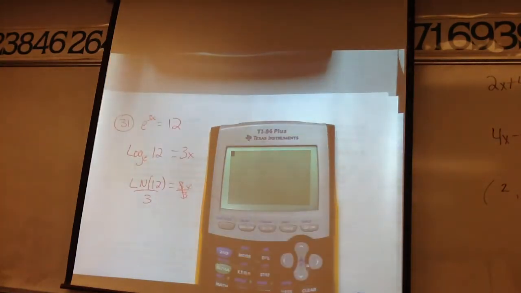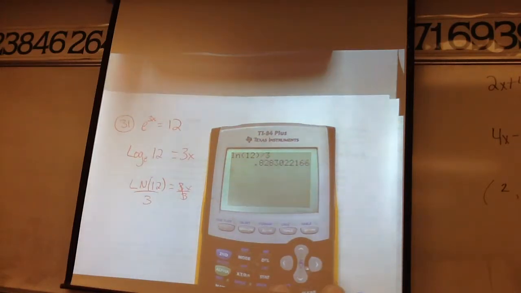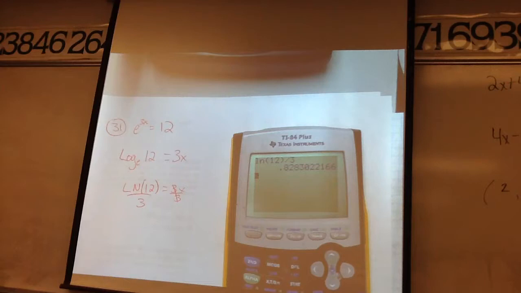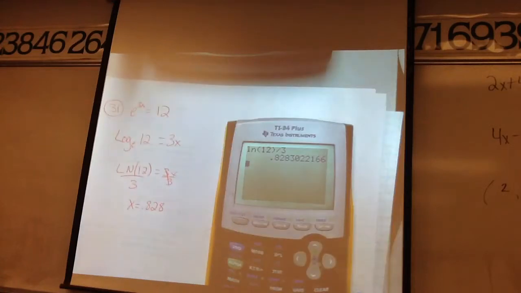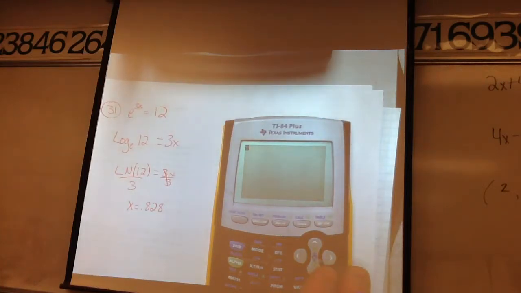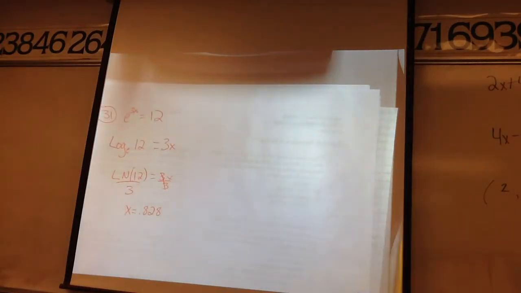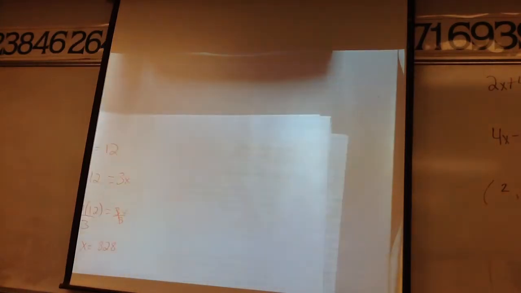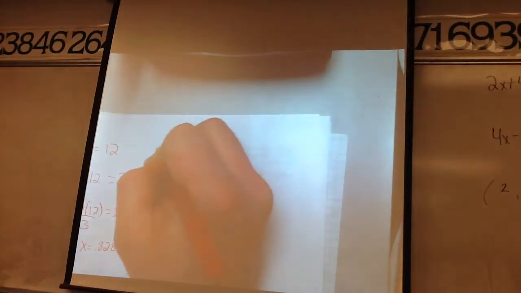It's 0.828, whatever that is. If you do ln of 4, you will not get the same thing. It's right next to log on the calculator. These ones are good. I like these problems.